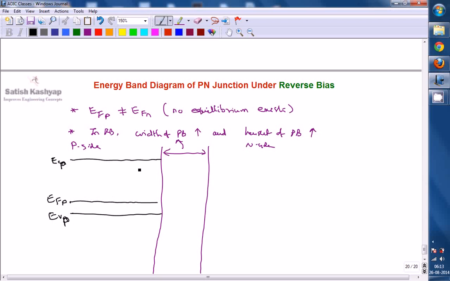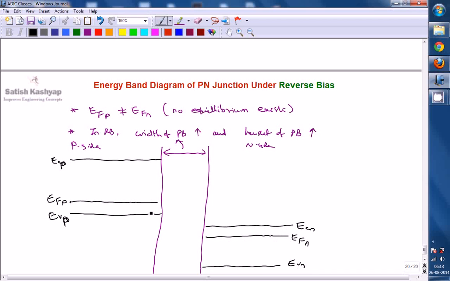And the height of potential barrier is nothing but the difference between ECP and ECN, so now we are going to draw this one. This is ECN, and below this one you will get it as EVN, and the Fermi level will be more near to conduction band edge, so it will be written as EFN.